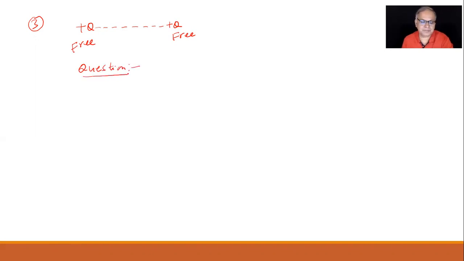You did not ask me one question in the previous problem. Once I removed the root, I took only the plus value. If you take the minus value, see what happens. Okay, I'll come back to that. The question is this.